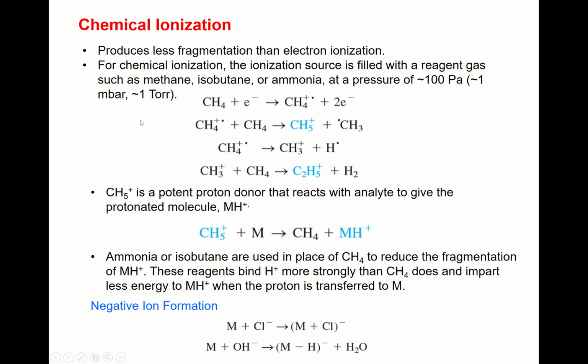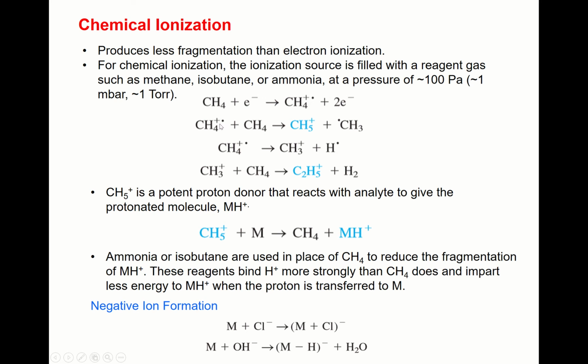All right, here is the principle. If we use methane as a reagent for chemical ionization, it is ionized by electrons, so you produce the methane cation radical.